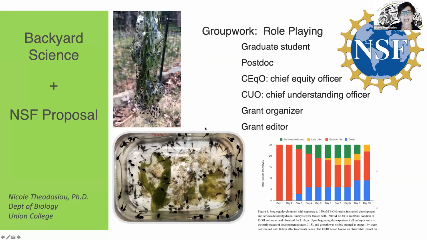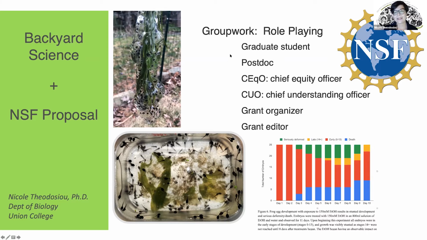Every student in the group was given a different role: a graduate student, a postdoc. I had a chief equity officer to make sure everybody was working well together. I had a chief understanding officer to make sure everybody was understanding what we were doing and why. A grant organizer and a grant editor. In this group, everybody was working on a project to identify a teratogen in the graduate student's home.